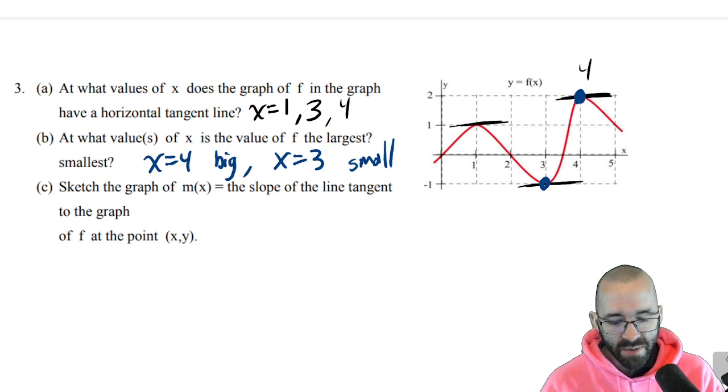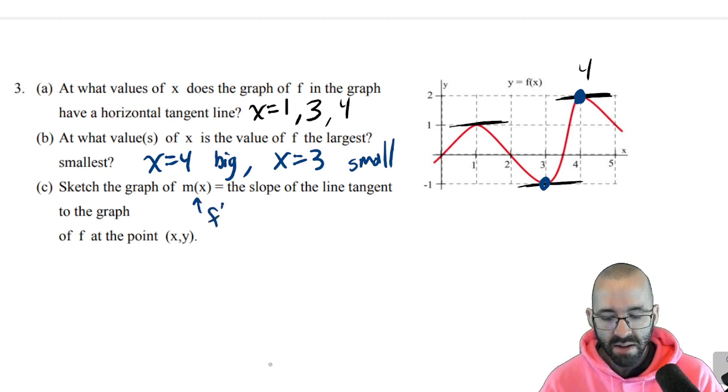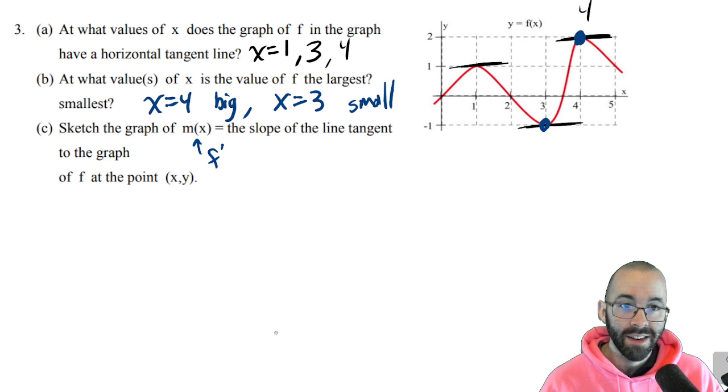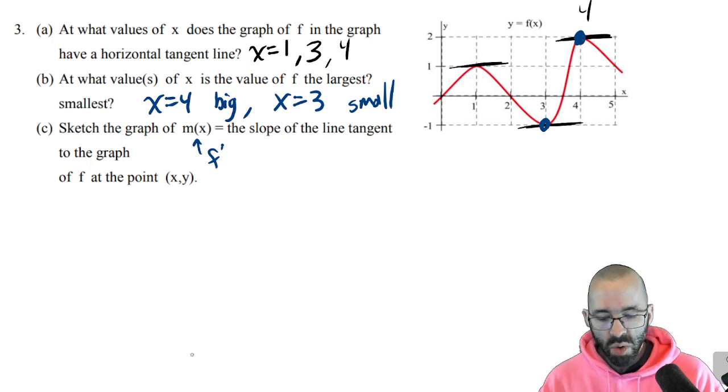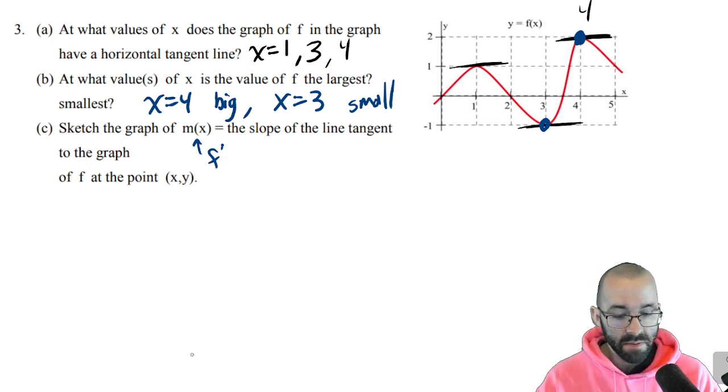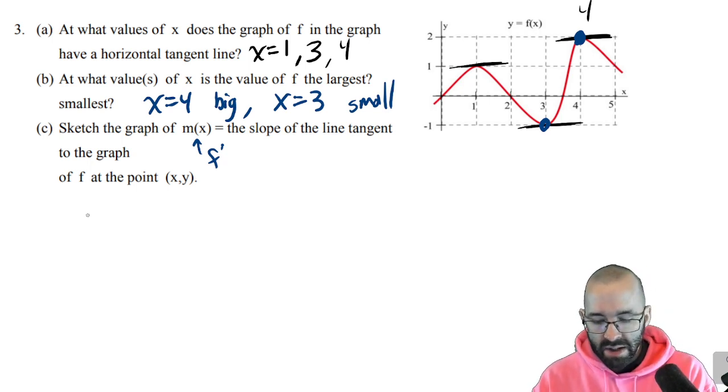Sketch the graph of the slope of the tangent line. Sketch the graph of f prime. This is going to be hard. This is what we did at the end of our last video. We're going to have to graph a bunch of points, make a table. All right, so at different x's, what is our derivative?